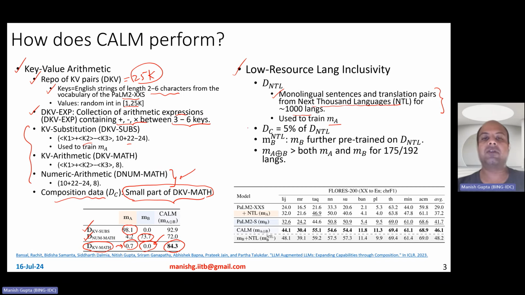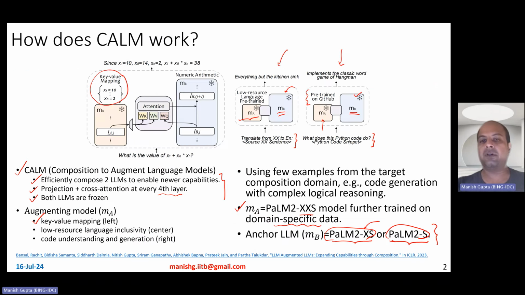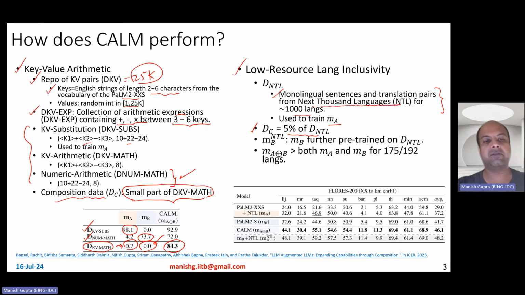Composition training data is 5% of this NExtThousand language data. Of course, typically you have to do the CALM training using the target composition domain dataset. For example, in the key value arithmetic case, it was the DKV math dataset.